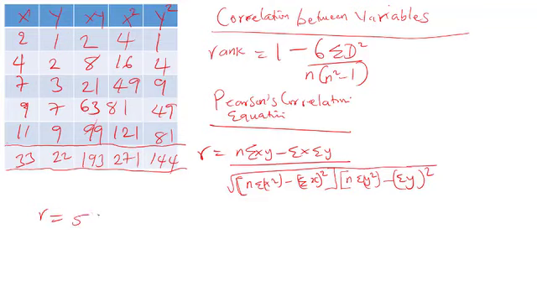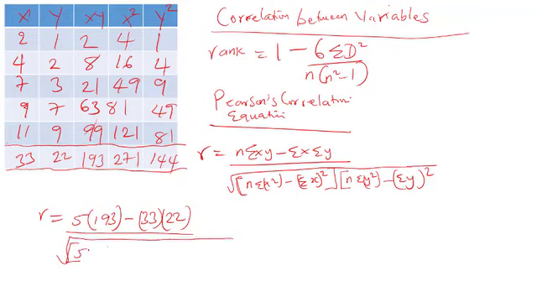We have 5 in bracket, summation of xy is 193, minus summation of x which is 33 times summation of y which is 22, all over the square root of our n which is 5, then summation of x square here is 271 minus 33 all squared.